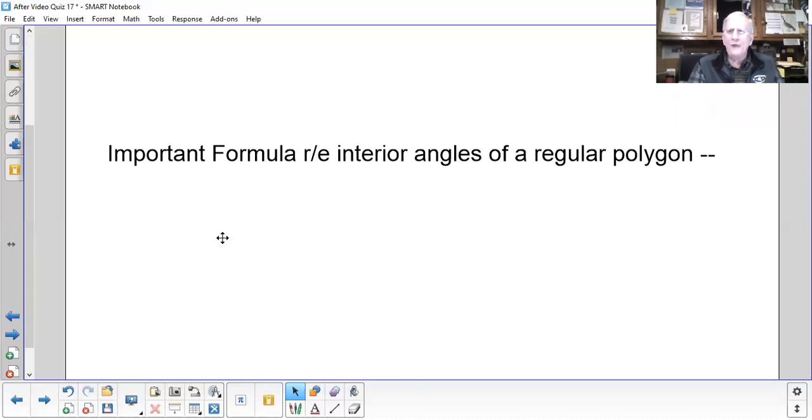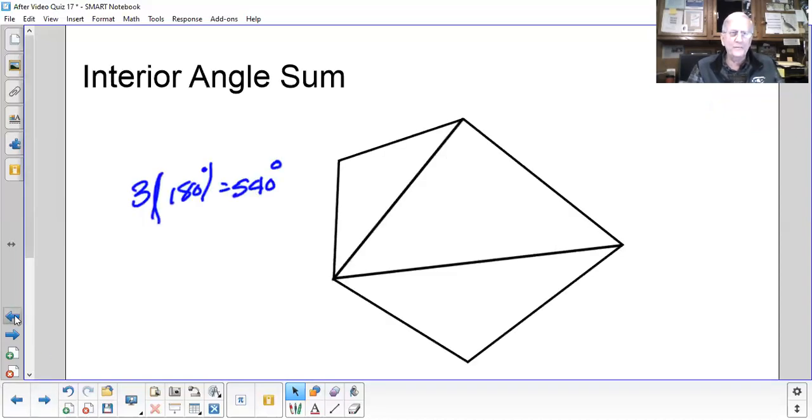Well, if we go back to that particular question, back here, you'll notice there were 3 triangles, right? And of course, how many sides were on this figure? Well, there were 5, right? So it appears that the number of triangles might be 2 less than the number of sides, right?